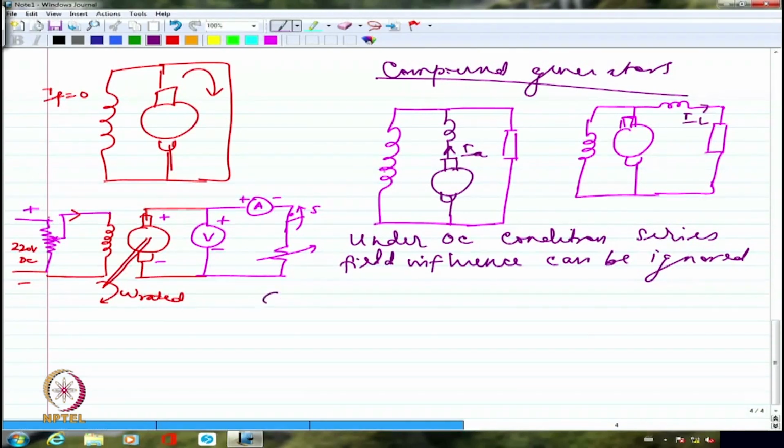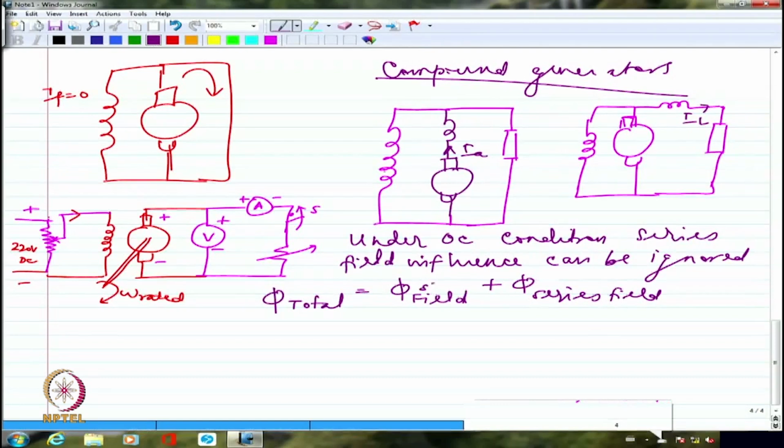So phi total equals phi of the shunt field plus phi of the series field. As the load increases, I'm going to have more and more flux coming up.